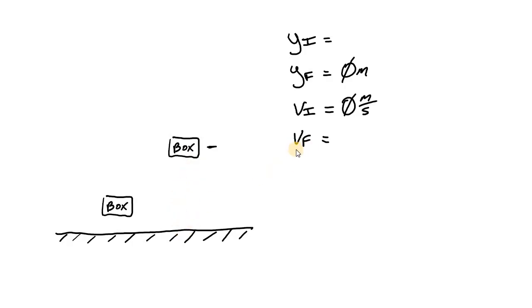I don't think we'll be able to know that, and I'm actually not even concerned about that piece of information. So maybe that's something we simply don't care about. And then our acceleration. This is what we're interested in, right? So that's what we're going to be finding. And the time elapsed.